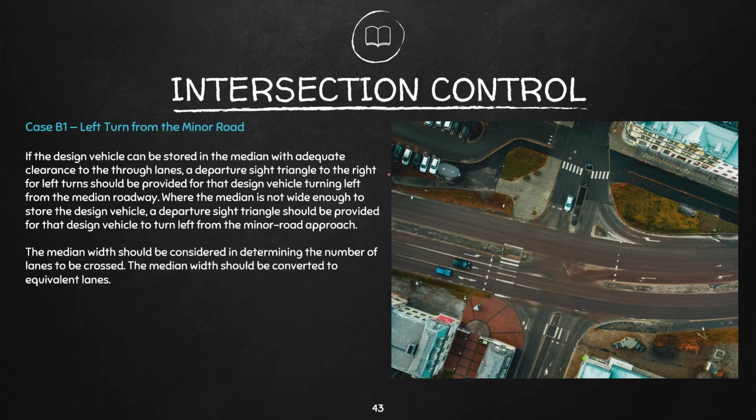The median width should be considered in determining the number of lanes to be crossed. The median width should be converted to equivalent lanes. That is, of course, if that median is already wide enough, comparable to a lane of the highway.